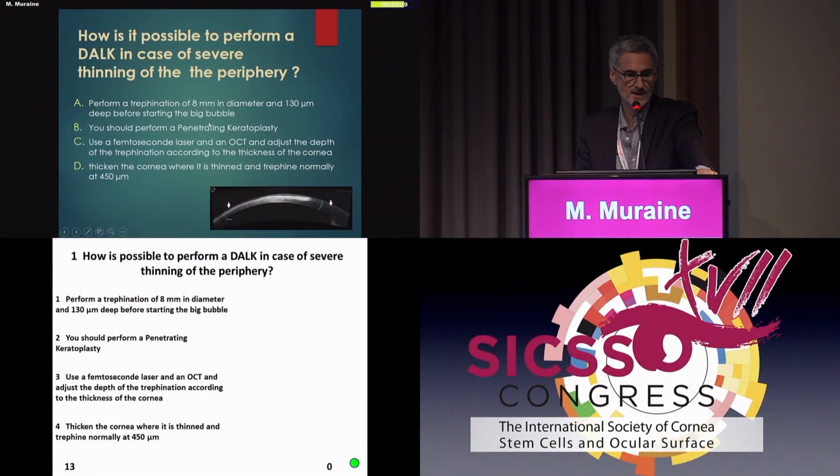You should perform a penetrating keratoplasty, because it's too difficult to perform a DALK. You have a femtosecond laser and OCT, and you can adjust the depth of the trephination according to the thickness of the cornea. Or you try to thicken the cornea at the level where the cornea is thinned and to trephine normally at 450 microns.